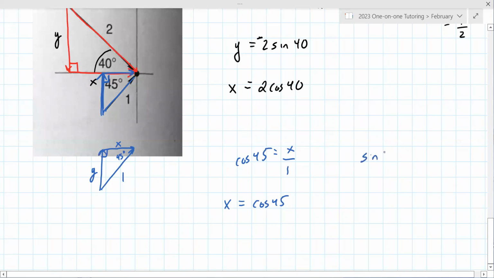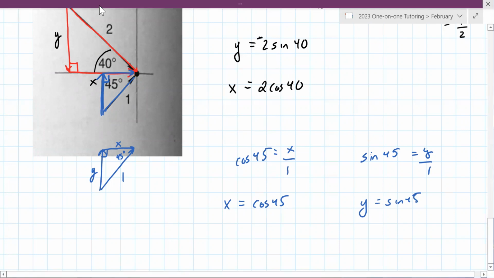The sine of 45 is Y over 1. So Y is the sine of 45. It's already positive because it's moving up. Okay. So what you're doing is you're resolving the vectors into their components, X and Y components, and you can add the X's and you can add the Y's.